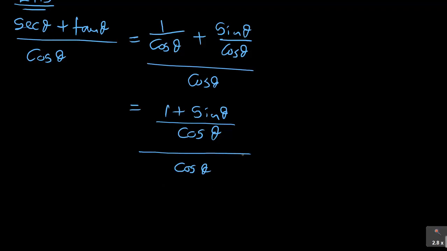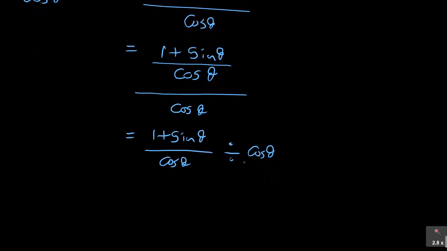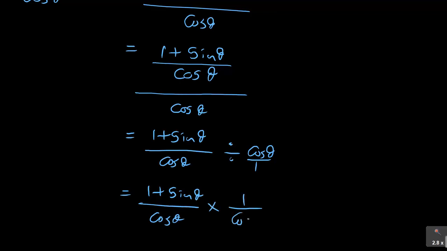Now if I continue, this is still equal to 1 plus sin theta over cos theta. I can use this division sign to represent that division by cos theta, so I can convert it, remembering that cos theta is cos theta over 1, from division to multiplication, which is 1 over cos theta.